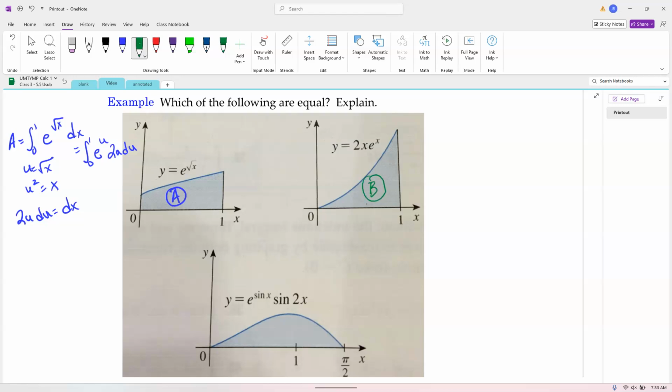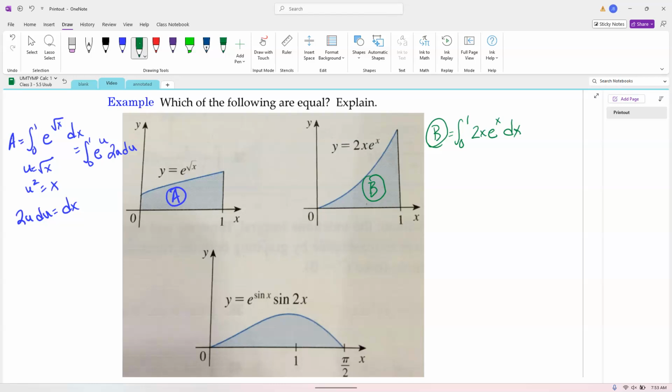B. Let's look at B. So if I find area B, right, that's still integral from 0 to 1 underneath the function 2x e to the x dx. Oh, wait. Isn't that literally the same thing, just with a different variable, right? So e to the u, e to the x, 2u, 2x, du, dx, and 0 to 1.